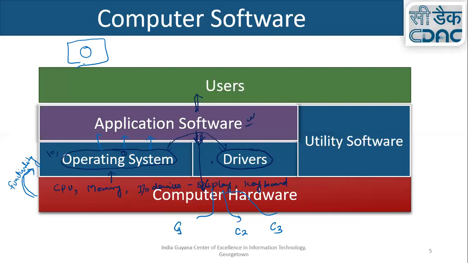You never bother what your hardware is, but you bother about your operating system. If the operating system is different, maybe something is a little bit different. So this layer structure provides a lot of flexibility. The operating system takes service from your hardware and provides some service to the application software, and the application software takes services from the operating system and provides a lot of functionality to the end users.